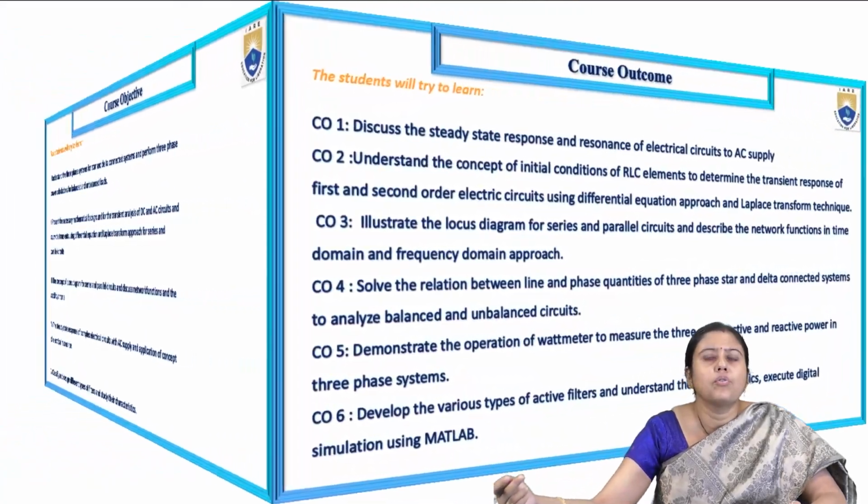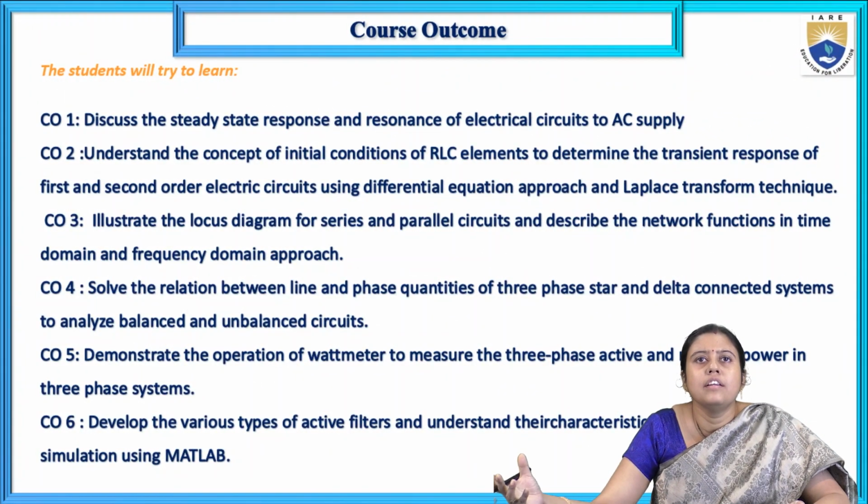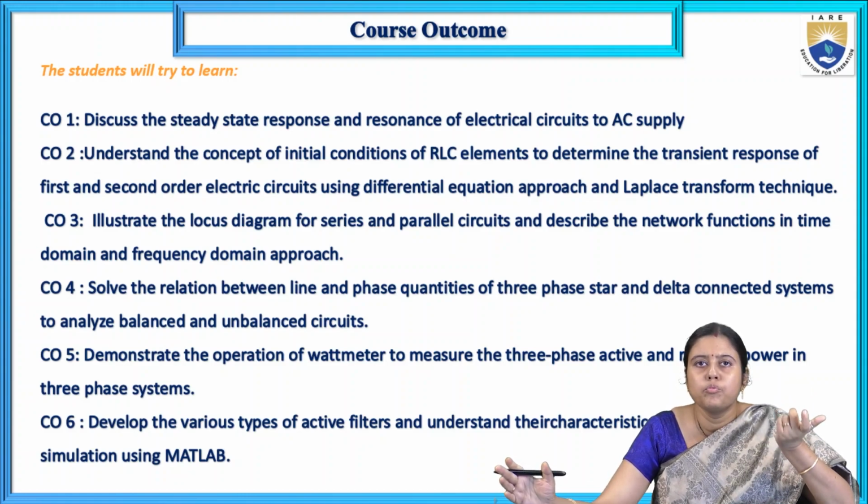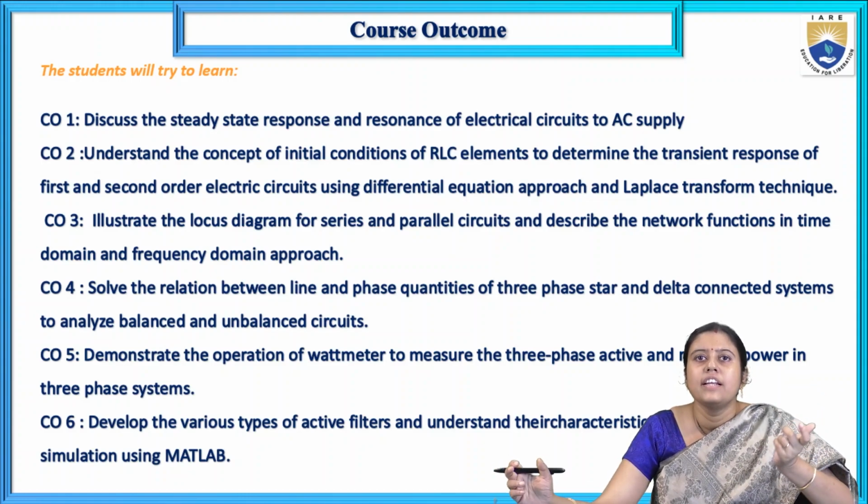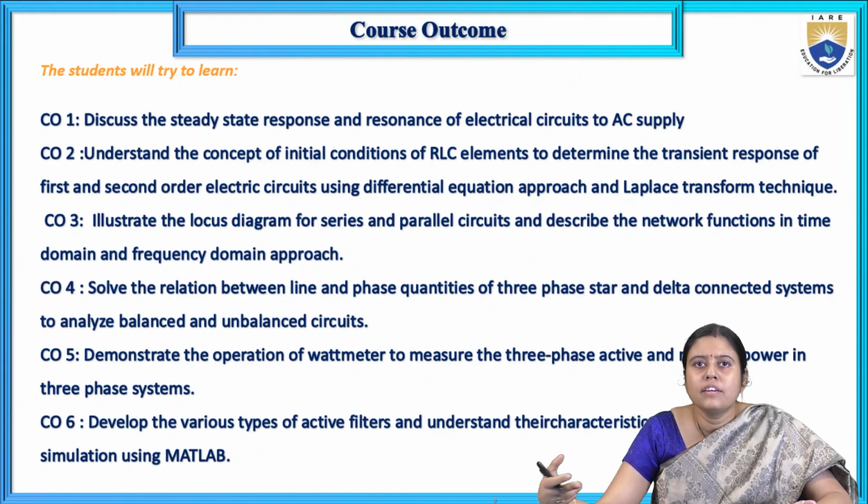Next I will discuss what the outcome is if they learn the subject, what they can achieve. We can broadly divide the outcomes into three parts. One is the Bloom's verb, what they want. Next one is what they will want and the behavior.